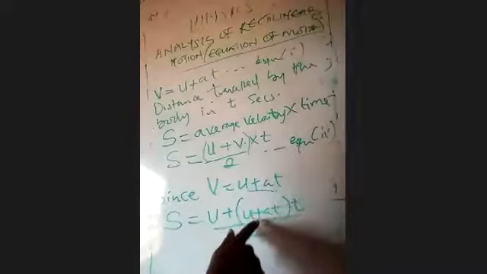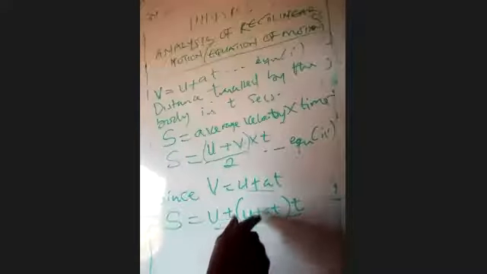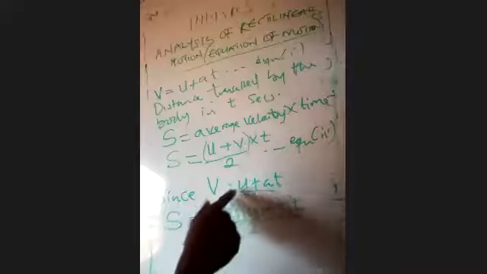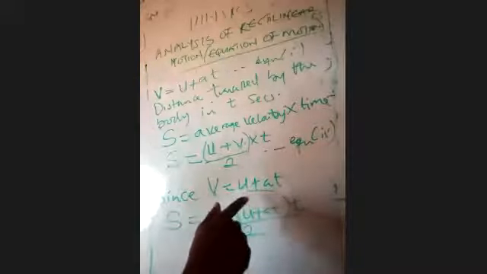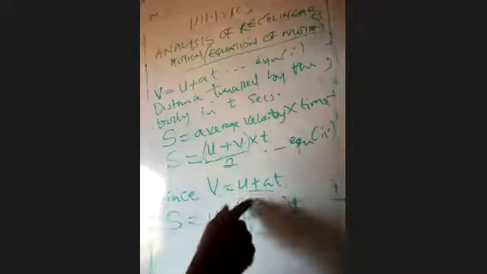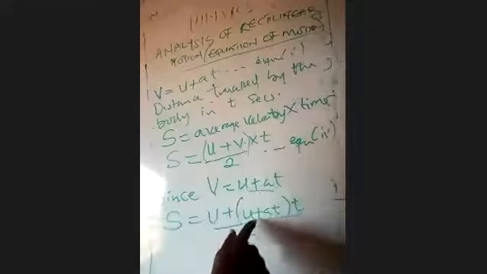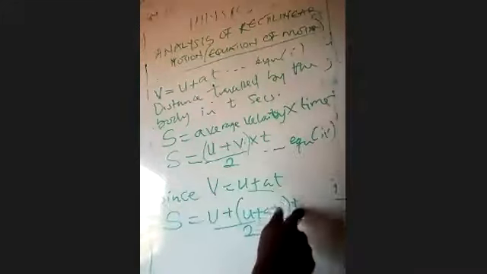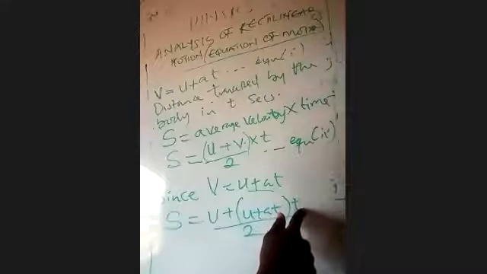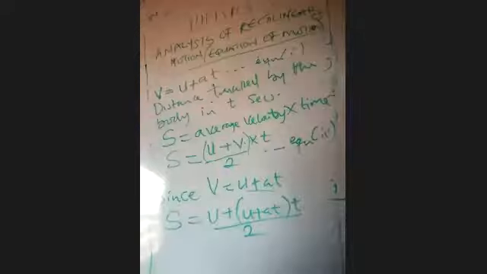That was the reason why we put this U plus a t here. So our velocity is U plus a t, all over 2, times T. No rush. You need to understand the concept.